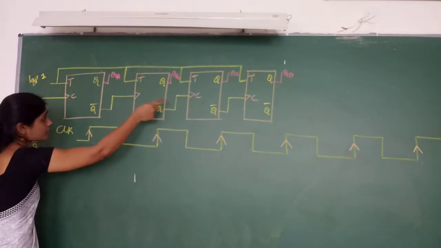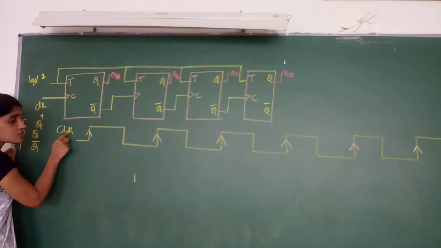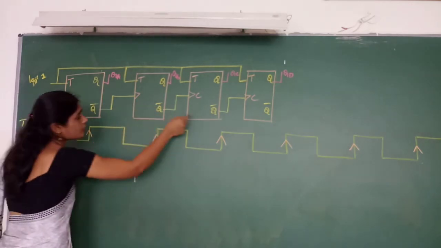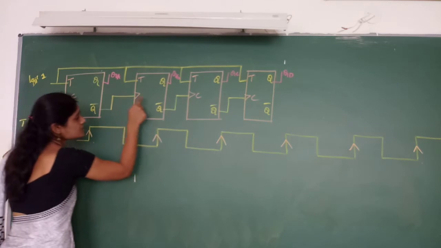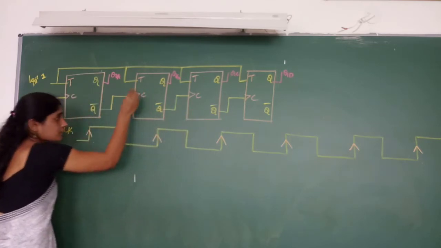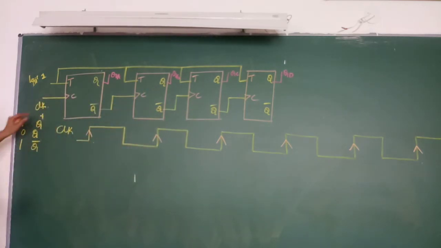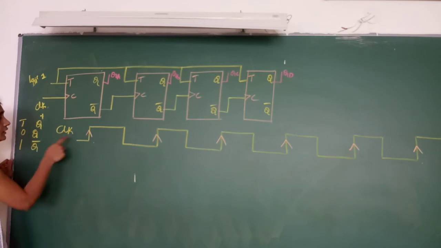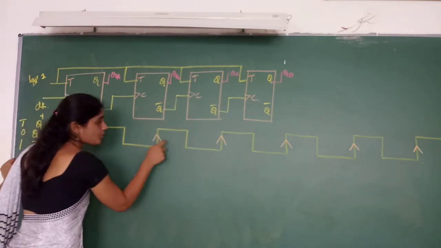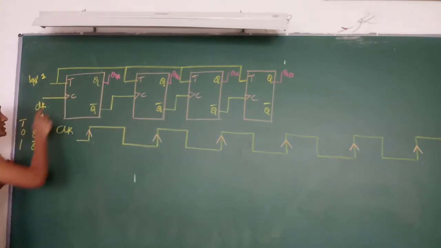For the remaining T flip-flops, this is not the clock we are giving. Their clock is the previous Q bar, which we'll write afterwards. But for the first T flip-flop, this is the clock, and I will mark the positive edge of the clock because it is a positive edge triggered T flip-flop. Okay.